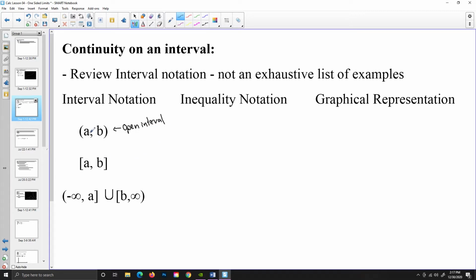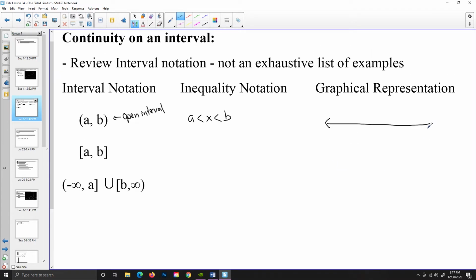This is the values of x from a to b, not including a and b, but all the values in between. So inequality notation for that would be a is less than x is less than b. A graphical representation would have all of the values between a and b, but not including a and b. So it looks something like that.